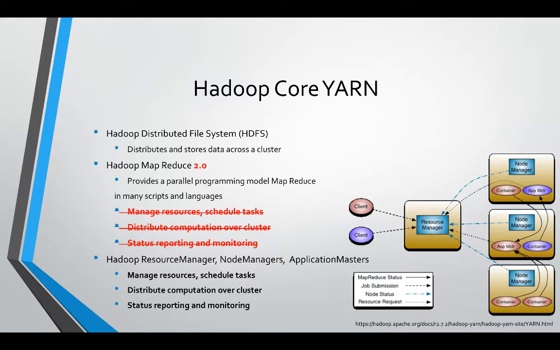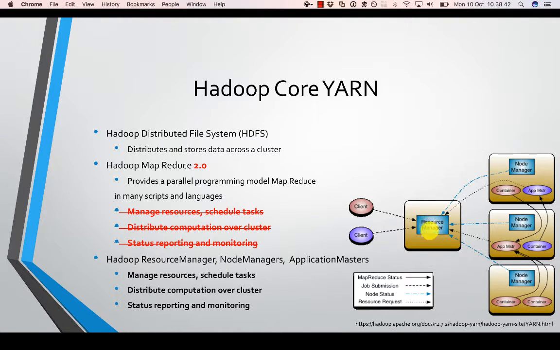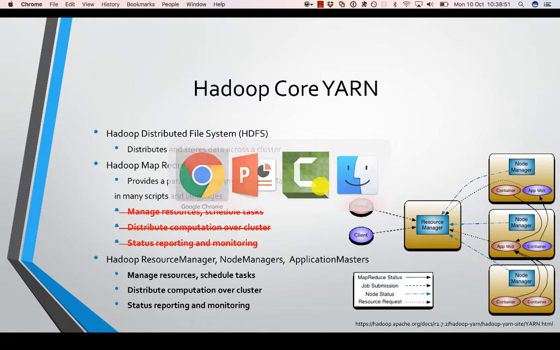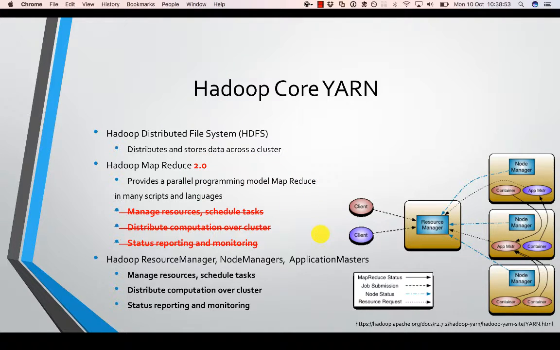But the resources for the management of nodes and applications in MapReduce are delegated to a new component. And you can see online that it's possible to go more in depth in the architecture of the system.